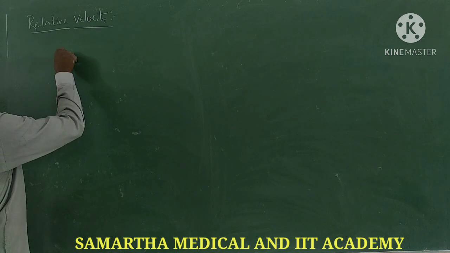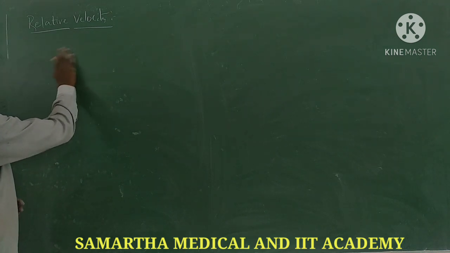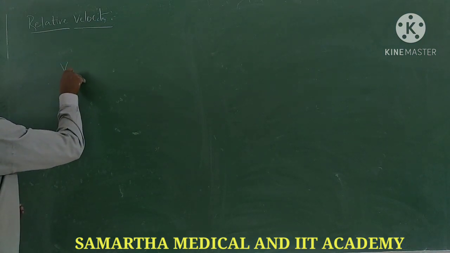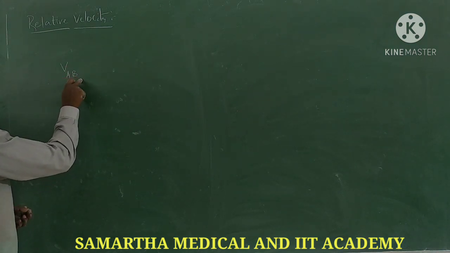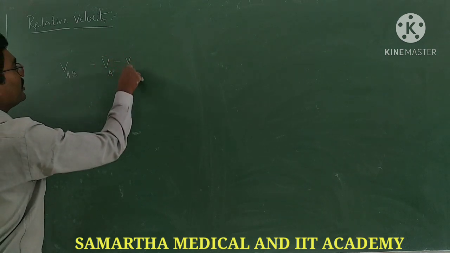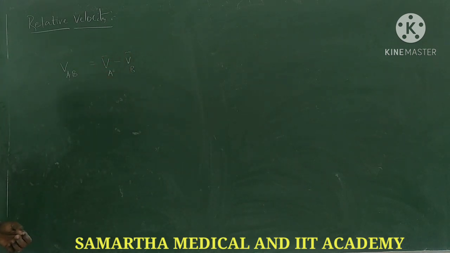Now, relative velocity of A with respect to B means what? VAB, you can write as VA bar minus VB bar.